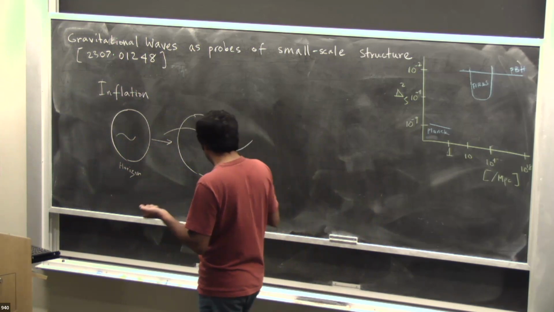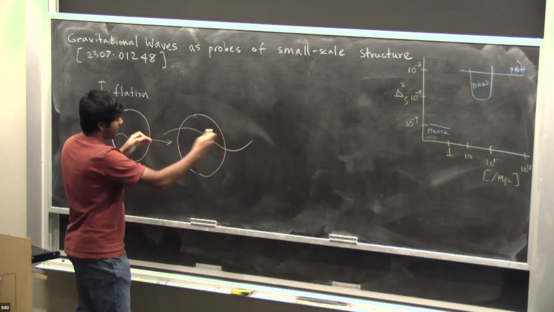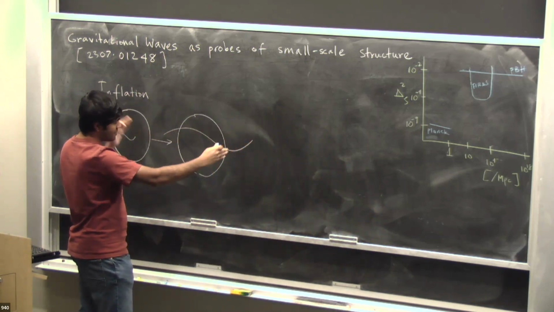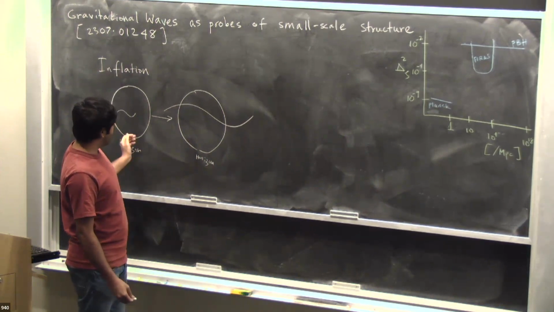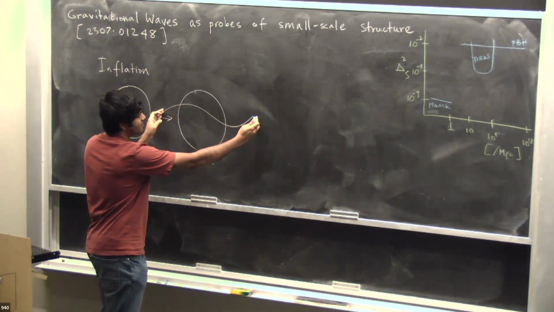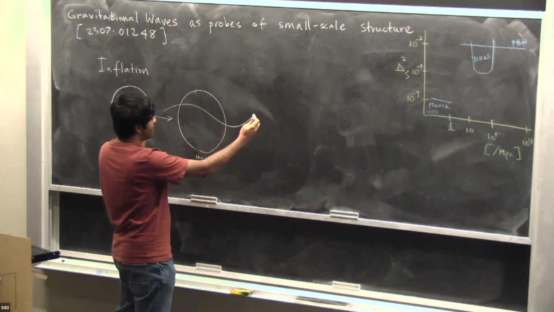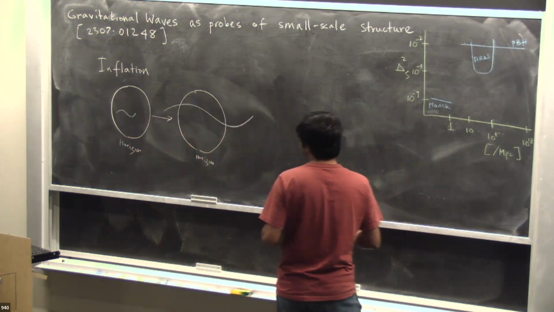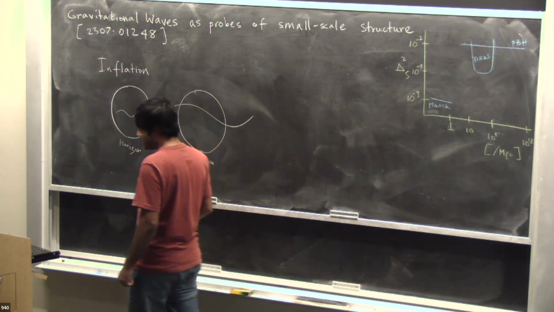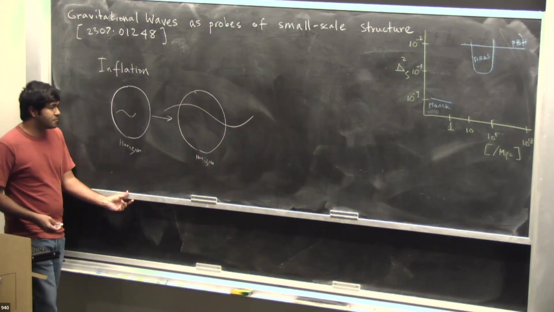And as you expect, just from causality, when things are separated by a distance that is much bigger than the horizon, and importantly the horizon size remained the same, this mode basically got frozen in time, so it stopped evolving. As a function of time, the amplitude became constant.